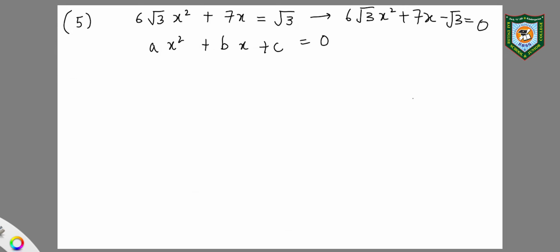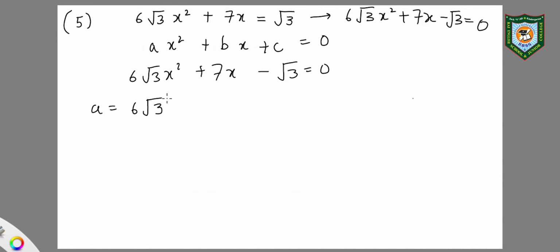So we'll compare this. My a value is 6 root 3, b value is plus 7 and c value is minus root 3.